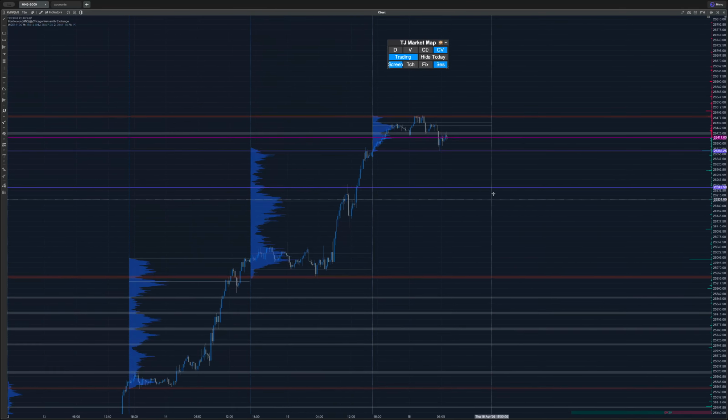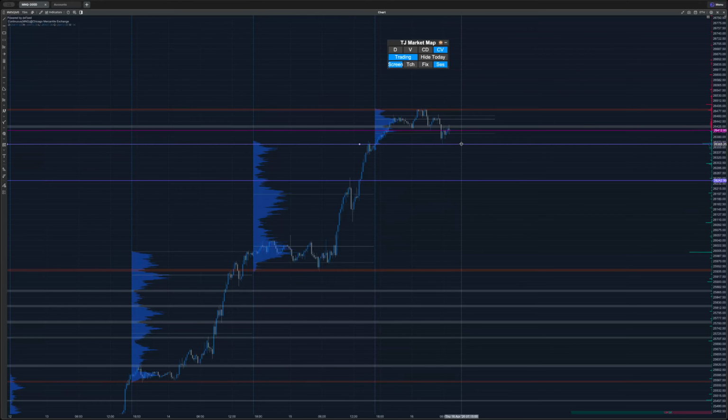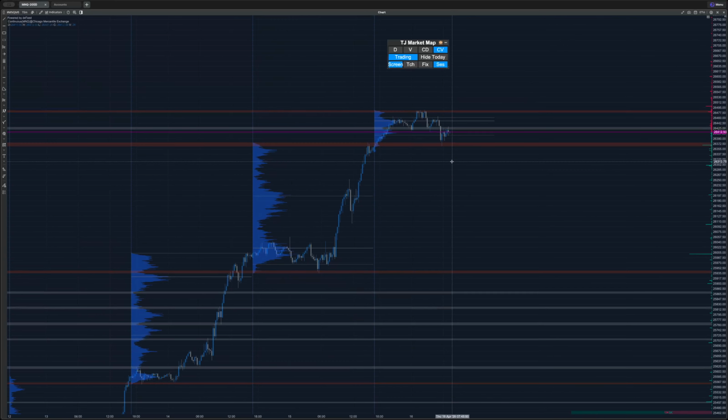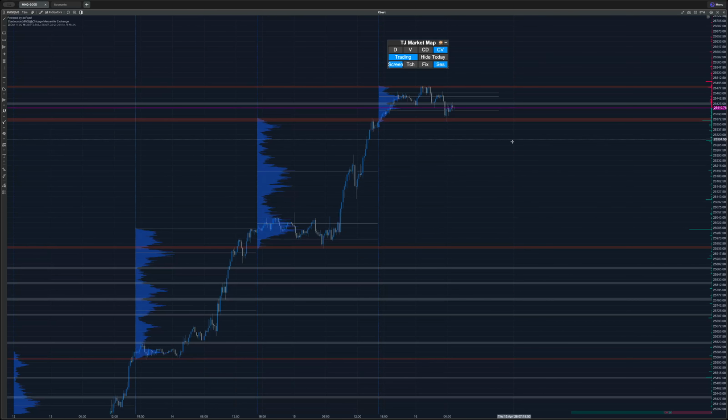So let's see, I'm gonna mark yesterday's daily high and low, still in the same color, just to make sure we know what that was, why the market today bounced off here. So the market is in new areas here, a new field, and we keep that one over there.